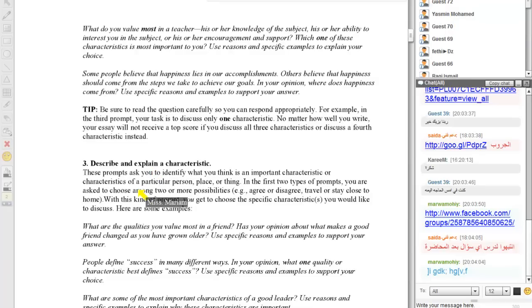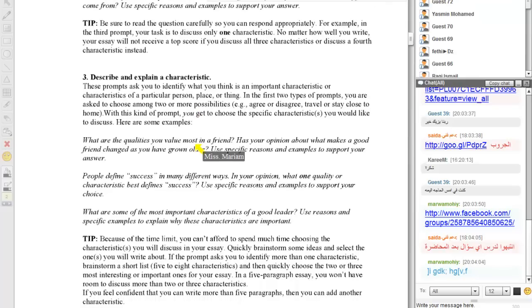You are going to describe, rephrase, or identify, or say why you prefer these characteristics, or what these characteristics are, or to discuss them in your essay.